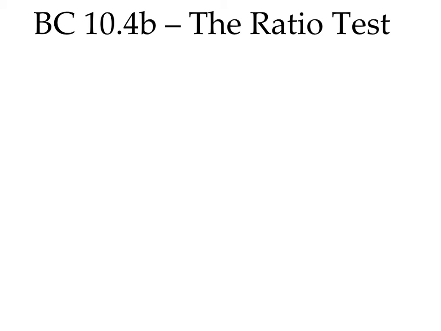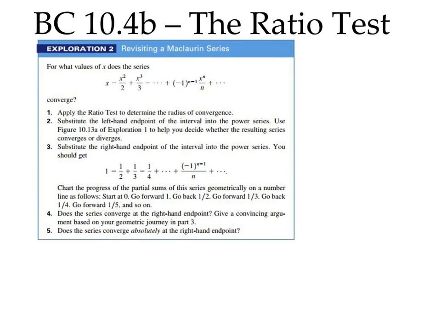Let's take a look at another little exploration related to this. I feel like we've done it before, but we'll go ahead and do it. So we have a very interesting series that comes out of integrating 1 over 1 plus x. So this is the series for the natural log of 1 plus x. We've looked at it before, but we're going to do several things. We're going to apply the ratio test to determine the radius of convergence.